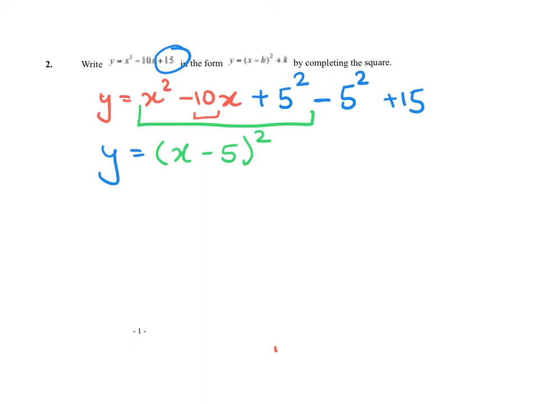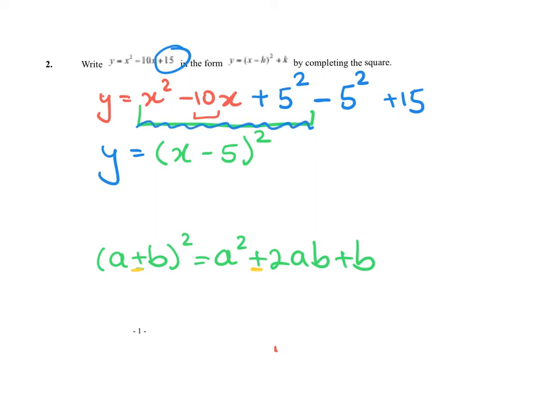I'm just going to have here in the corner, just to remind you, the perfect square (a plus b) to the power of 2 is equal to a to the power of 2 plus 2ab plus b to the power of 2. If you have minus here, it's going to be minus there. So this is the perfect square. And here, what is important is to actually recognize the perfect square and rewrite it.